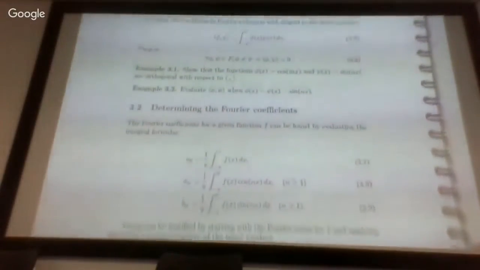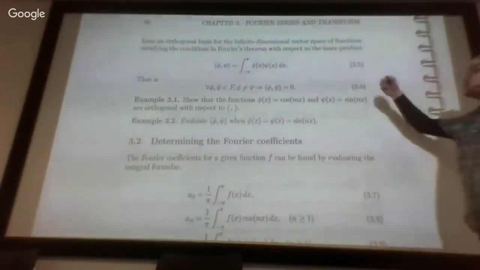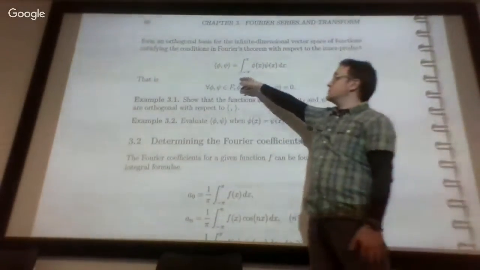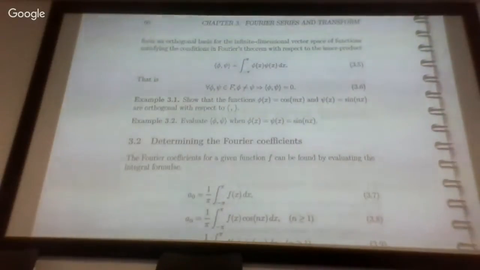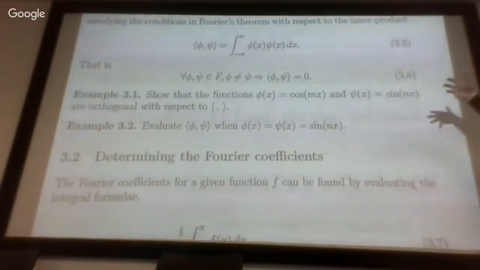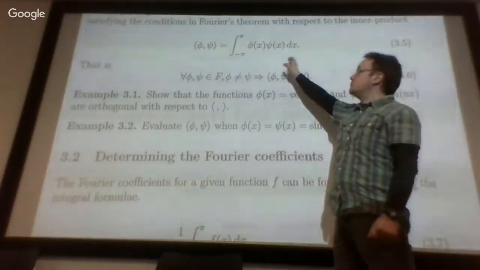What does orthogonal mean? Geometrically, we think of that as meaning that the vectors are perpendicular to one another. In this context we don't have a strict geometric interpretation, but we do have an inner product, the standard inner product on function spaces like this over the interval minus pi to pi. The standard inner product is just the continuous analog of the discrete dot product.